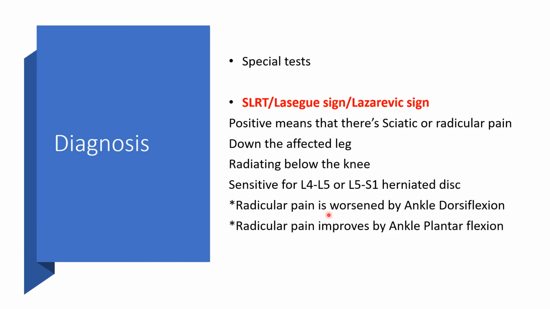Radicular pain, however, will be worsened by ankle dorsiflexion. Remember, we've just gone through it, right? That will be L5. While radicular pain will improve with ankle plantar flexion. That will be S1.